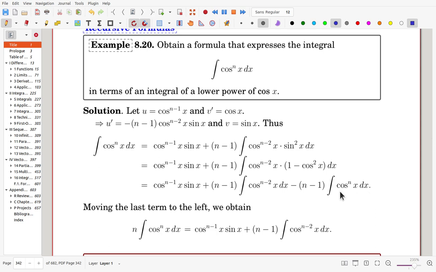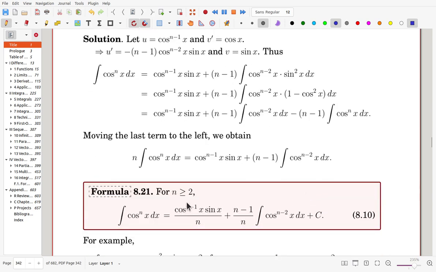So we move this one to the other side. Then 1 plus n minus 1 is n. So we reach n times the required integral, which is the same as the remainder part here. So divided by n, we can reach this formula.